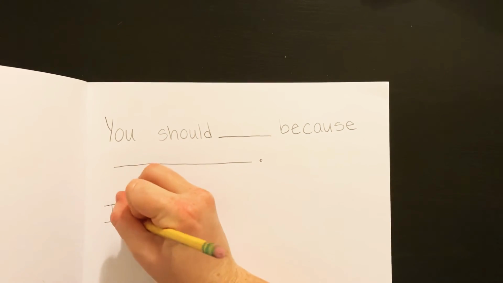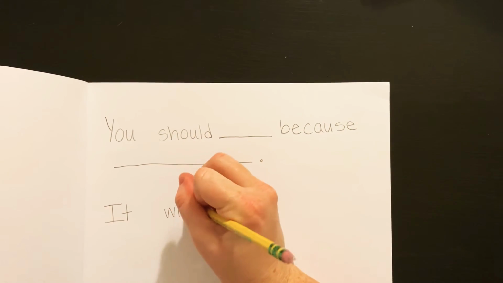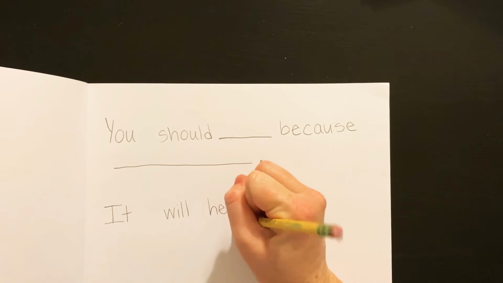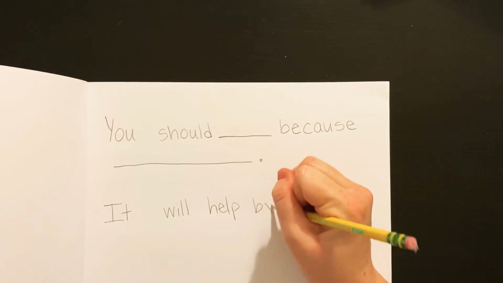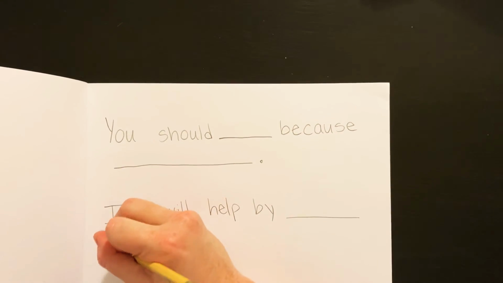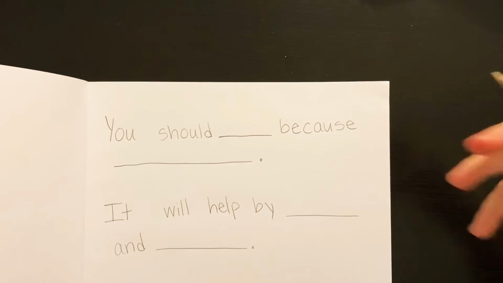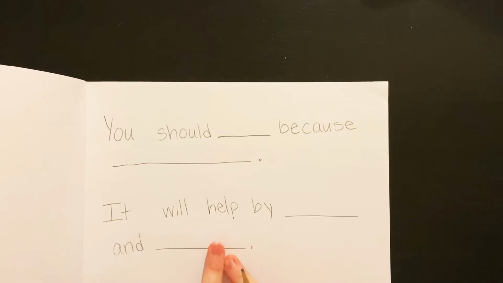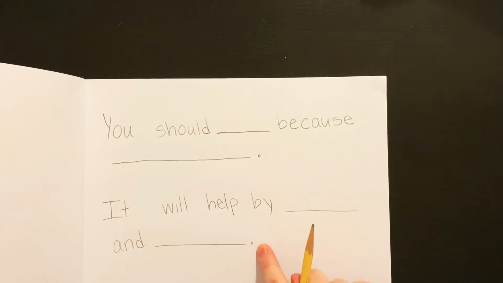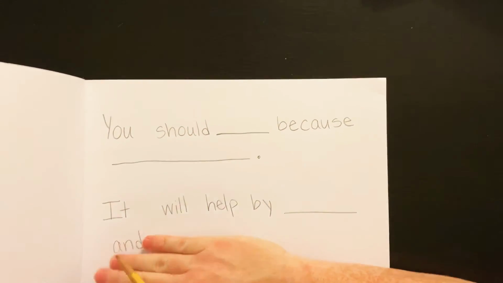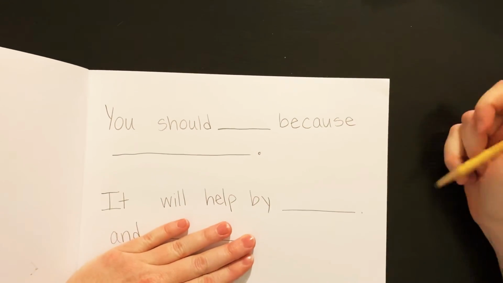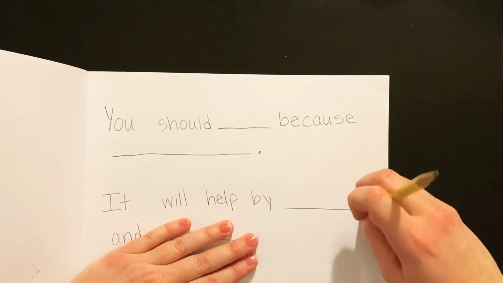Okay, the other sentence frame is it will help by, and then you can do an and even and do your next reason as a, you can put two reasons in one sentence, or you can leave out the and just leave it at that and have a period here. Okay. So this would be a reason sentence.